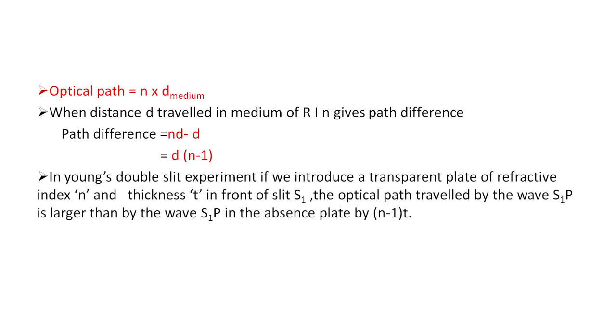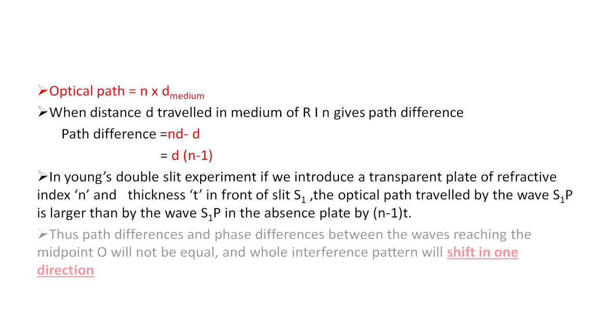In Young's double slit experiment, if we introduce a transparent plate of refractive index n and thickness T in front of slit S1, the optical path traveled by the wave S1P is larger than that of the wave S1P in the absence of the plate by n minus 1 into T. Thus, the path difference and phase difference between the waves reaching the midpoint O will not be equal, and the whole interference pattern will shift in one direction.